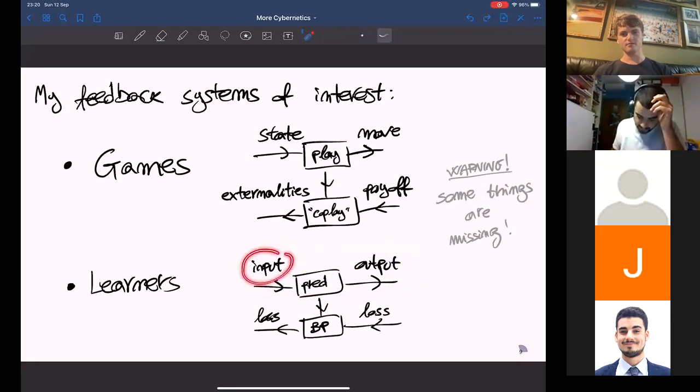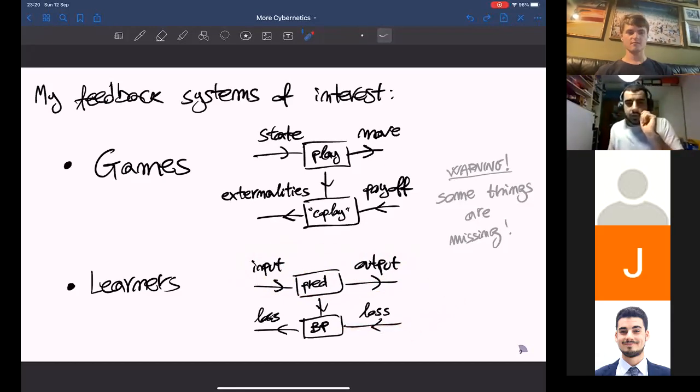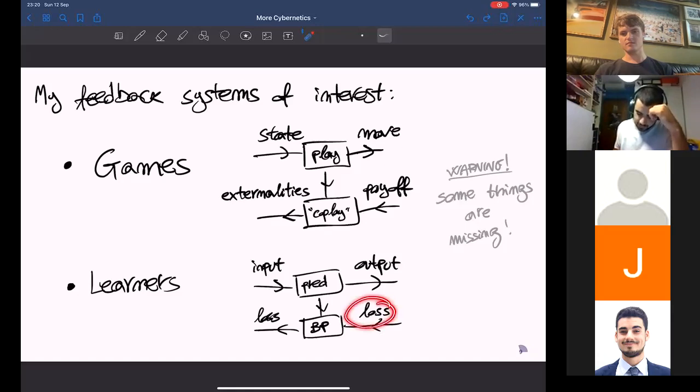So I receive the image of maybe a cat, I say it's a cat, and then here the trainer has a loss function, which is telling me how good I was at predicting that. So was that really a cat, or was it a dog or something else entirely? So this tells me how good I was. And then the propagate step in machine learning is literally the backpropagation.